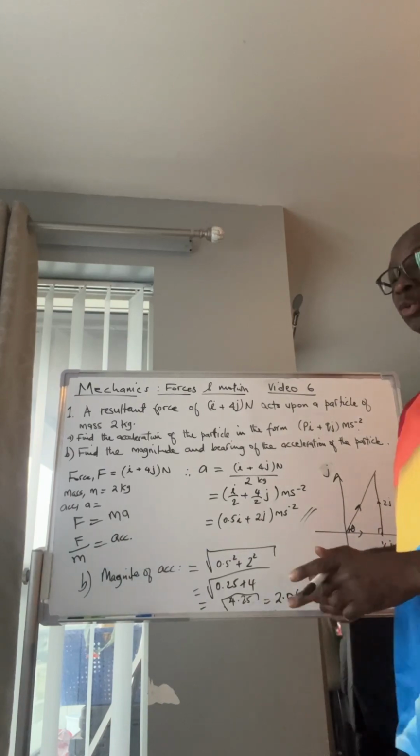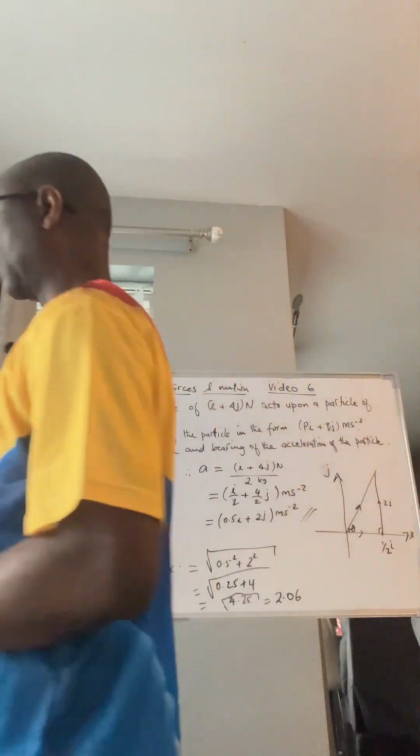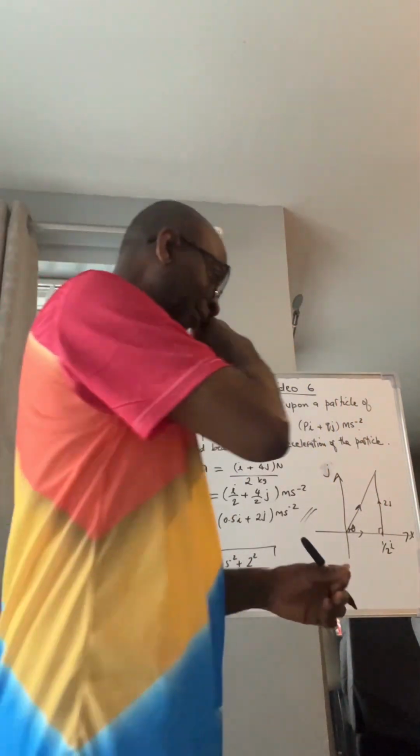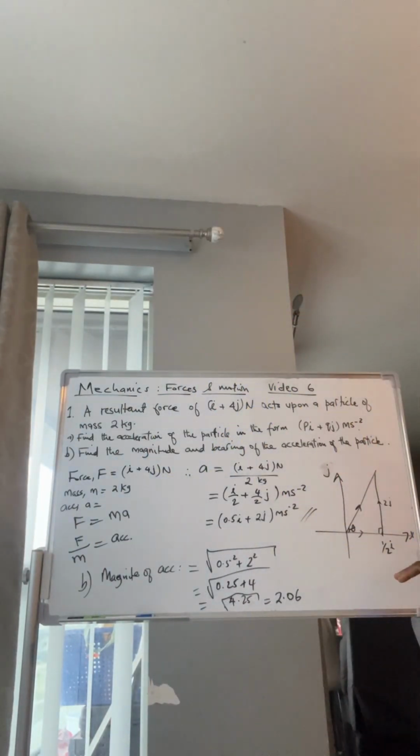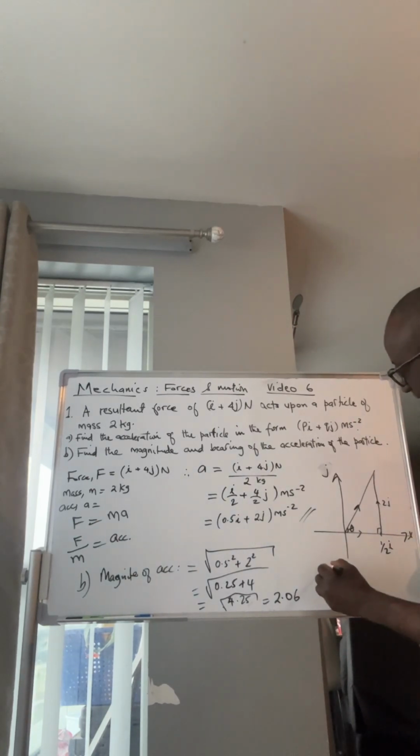Well, we got to use trigonometric identities. For this problem, you have the opposite and the adjacent to this angle theta. So what trig function should you use? You use the tangent.